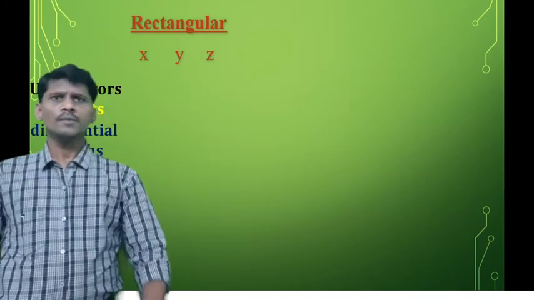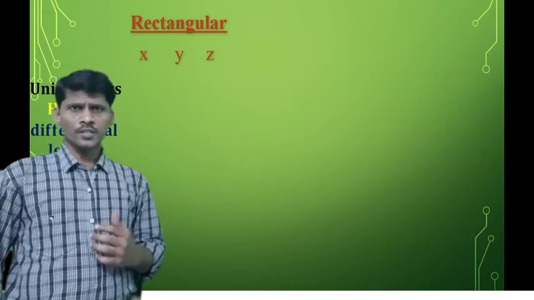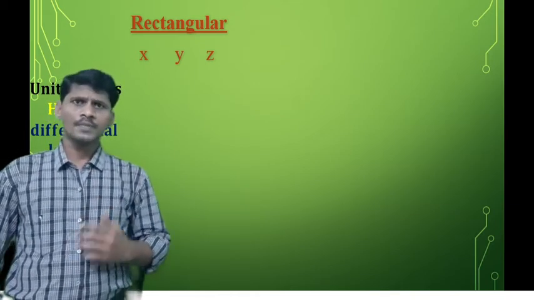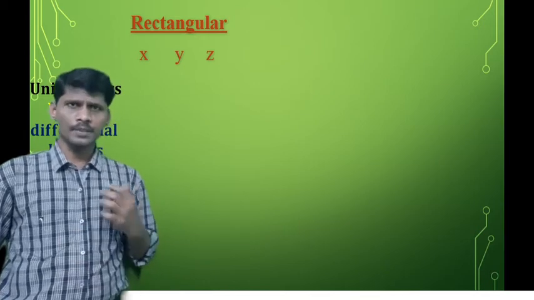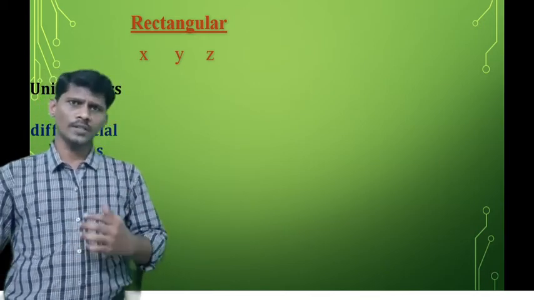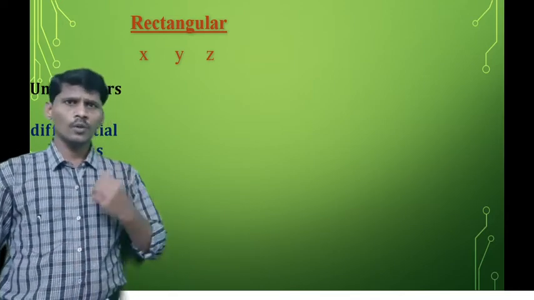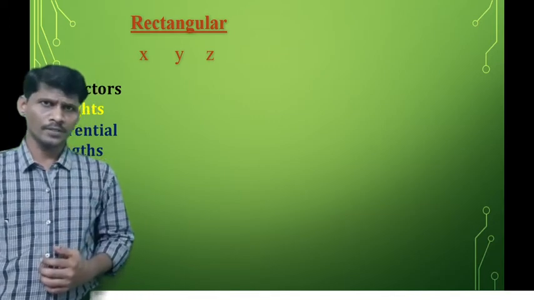And the summary of coordinate systems. There are three coordinate systems: rectangular coordinate system, cylindrical coordinate system, and spherical coordinate system. In the three coordinate systems, we can determine elementary length dl bar, differential volume dv, and differential vector surface area.